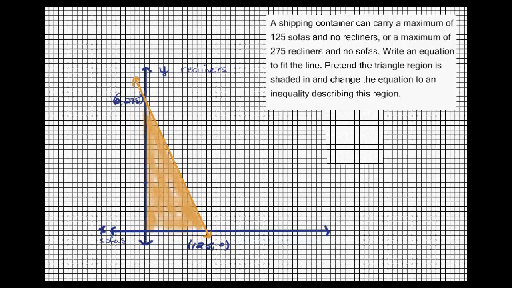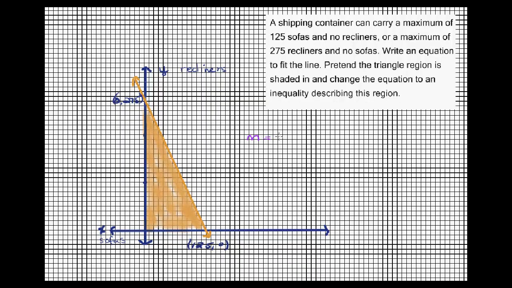Okay, so in order to write an equation to fit this line, we have to know what the slope is. And since we've been given 2 points, we can use these coordinates to find the slope. All right, so the slope formula will help us find the slope using 2 points. Okay, so the slope formula is m equals y2 minus y1 over x2 minus x1.